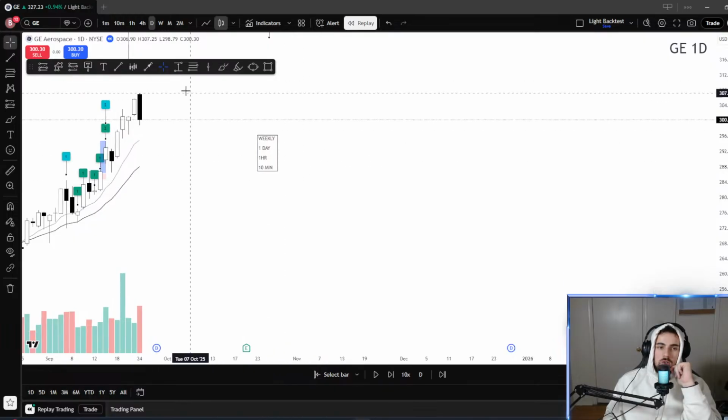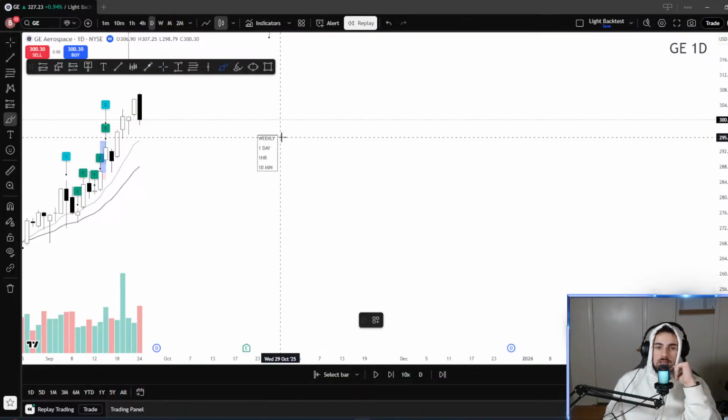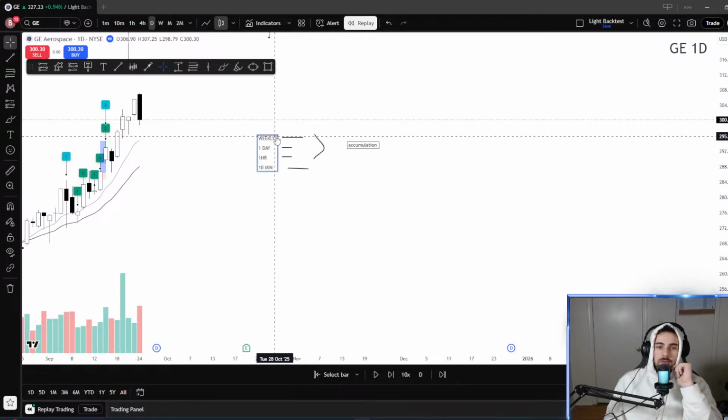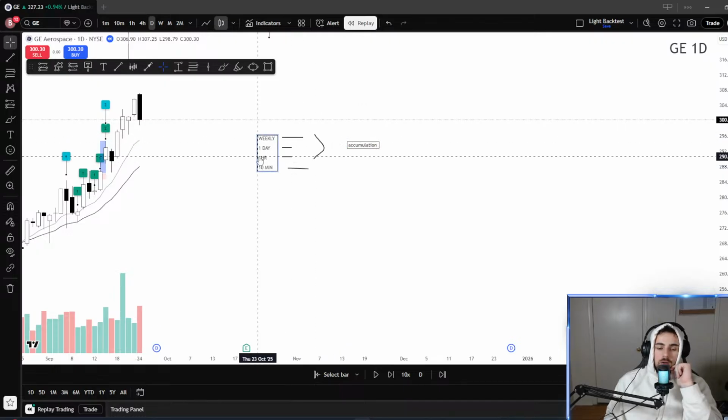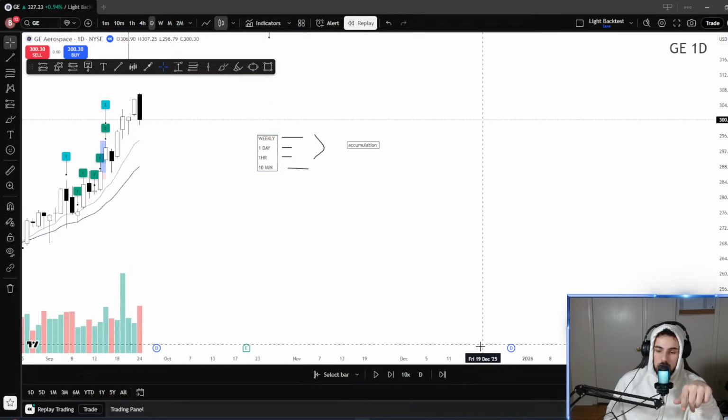But if I were to explain my strategy to you, I would be trading accumulations down the fractal line. So on each one of these time frames, I am waiting for an accumulation. And after my weekly, my 1 day, and my 1 hour confirm accumulation, I then enter on the 10-minute time frame off the first higher high that breaks out of the accumulation.